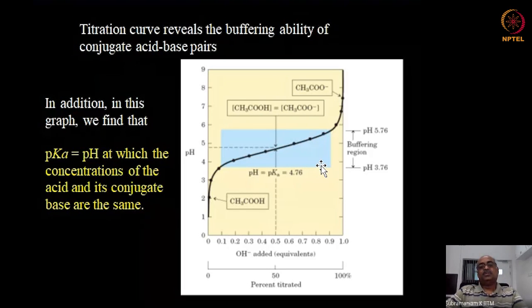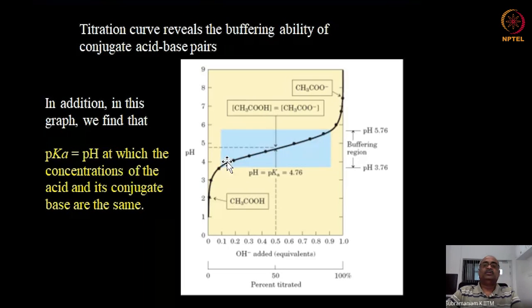So it reveals that the dissociation of weak acids can bring out a buffering ability of these systems. This conjugate acid base pair resists change in pH when the pH is near the pKa value.